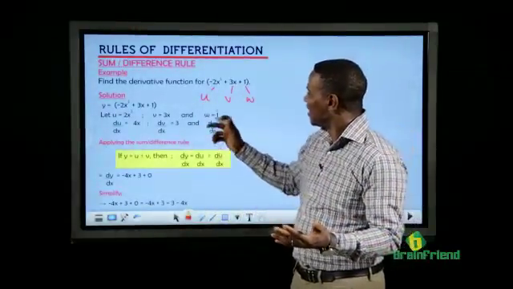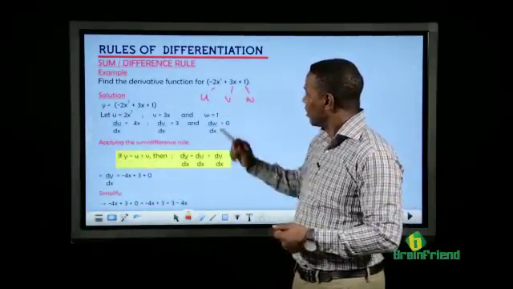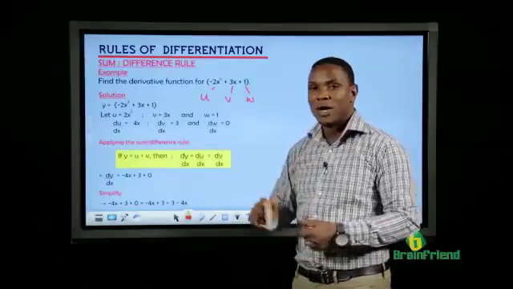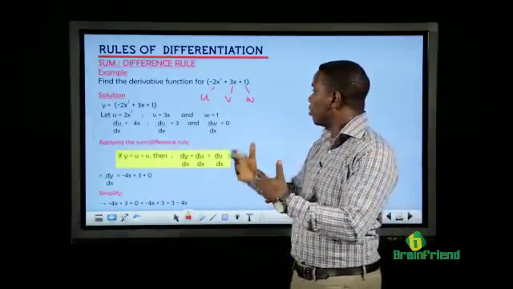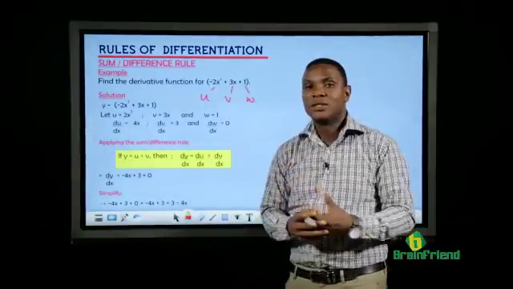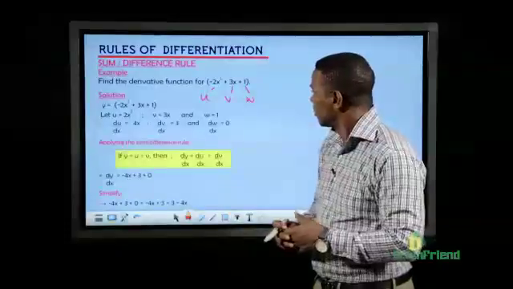Next, we need to find the individual derivative of 2x squared, 3x, and 1. And at the end of the day, we simply add them up or subtract them as the need arises. So now that we know what to do, let's go ahead and do it.